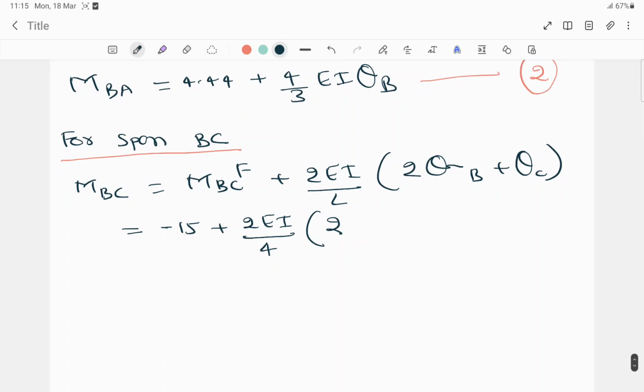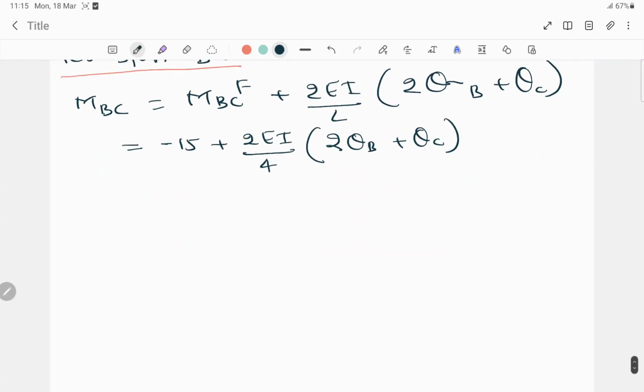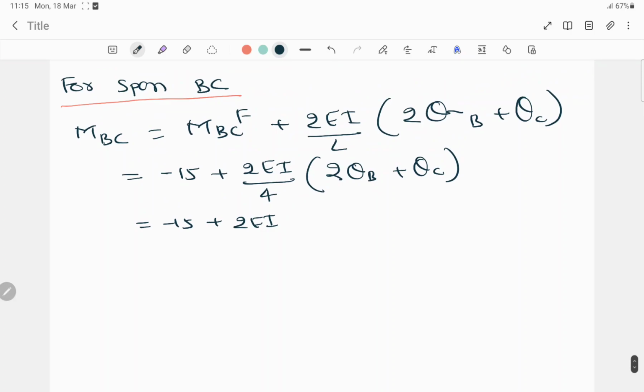Here the 2 will get cancelled with the 4.